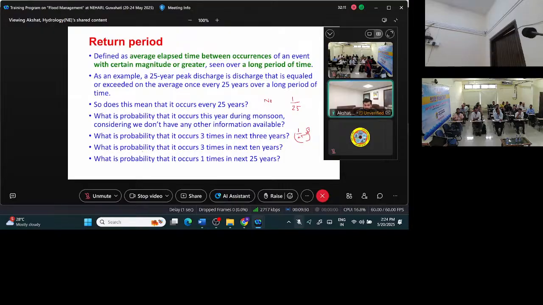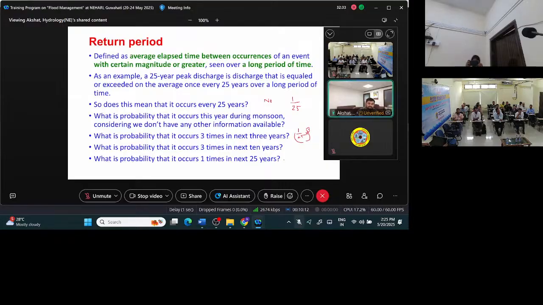And what is the probability that it occurs 3 times in the next 10 years? This is based on a specific probability distribution. If you see the basic literature, you can find these types of numericals in a basic hydrology course.